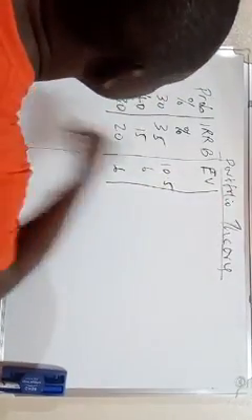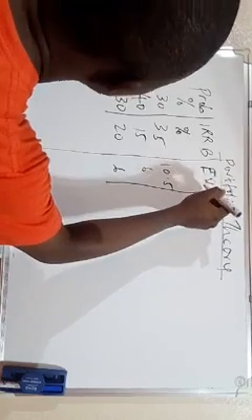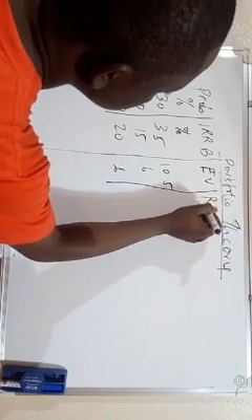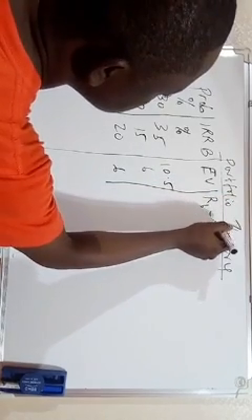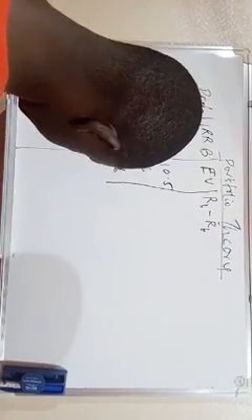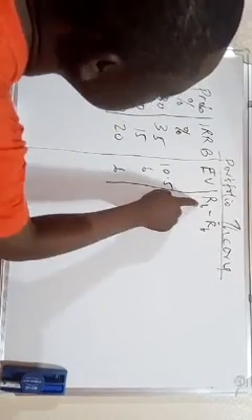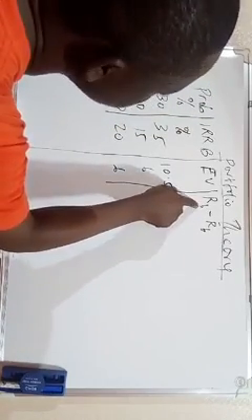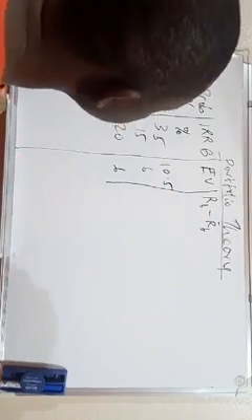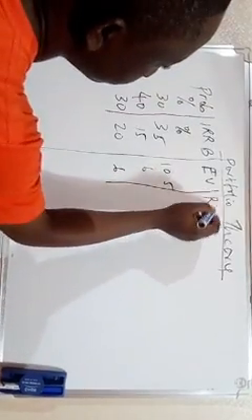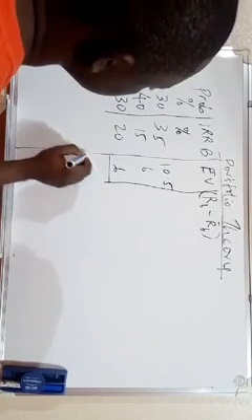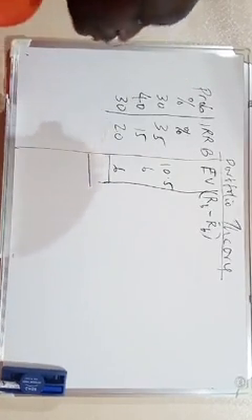Then we calculate the deviation from the expected value, which is return of B, security B, minus expected value of security B. Let's sum the expected value.